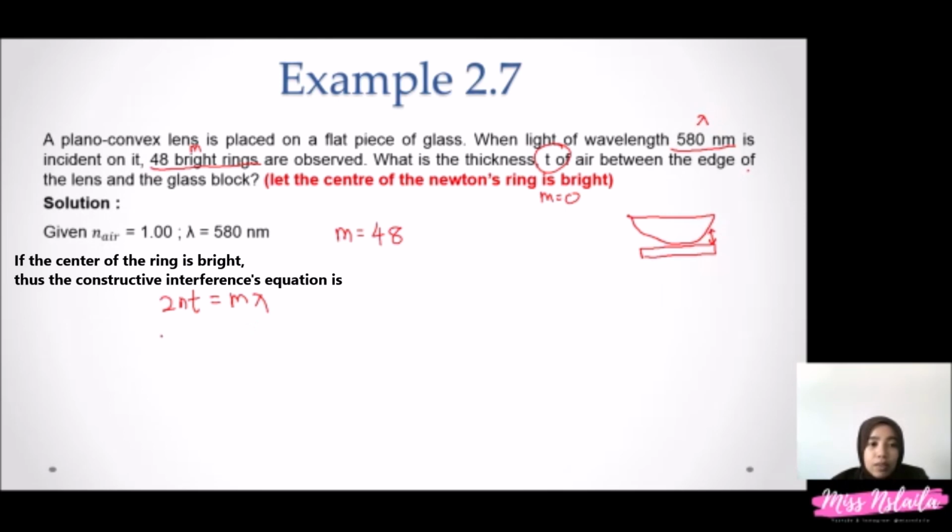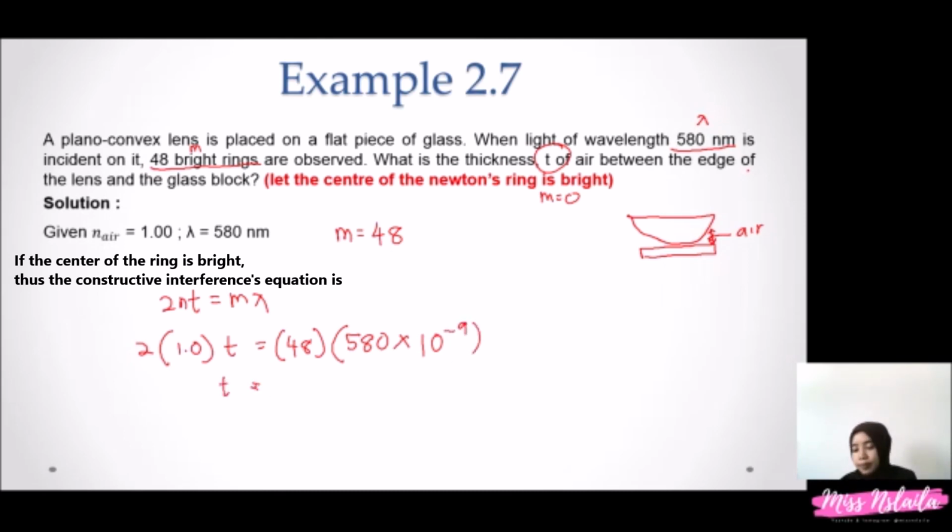So substitute into this equation, and the medium in between these two glass is air, so n will be equal to 1.0. Thickness equal to m, which is 48, times the wavelength 580 times 10 to the power of negative 9. So the thickness will be equal to 1.39 times 10 to the power of negative 5 meter.